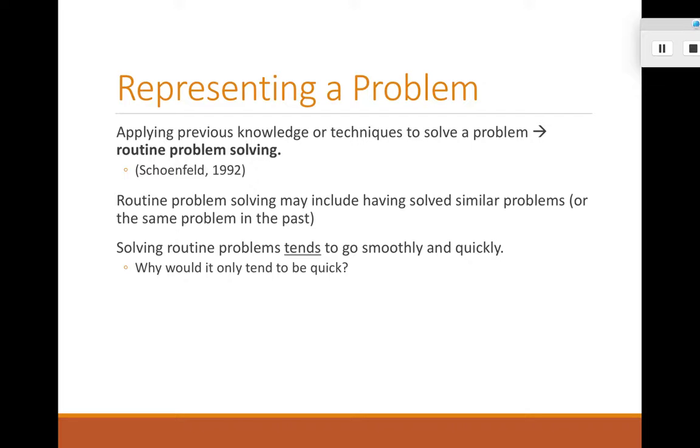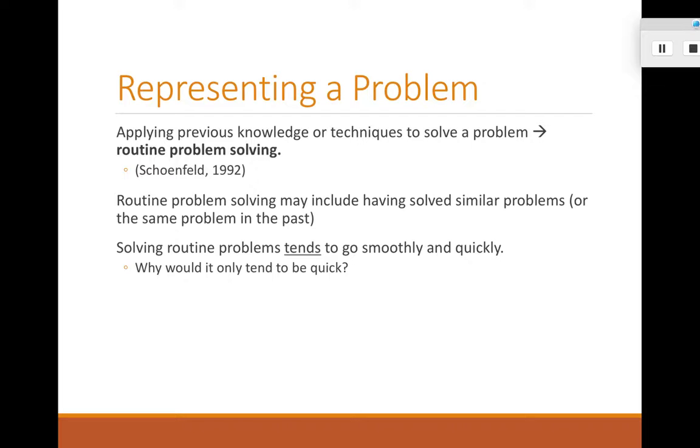But let's say, for instance, you encounter the problem that the internet's not working. You unplug the router, you plug it back in, but it does not work this time. The internet still does not come back on. Now what do you do? Well, now you have to think of a non-routine problem-solving solution so that we can get the internet to come back on, because your routine problem-solving behavior did not allow you to reach your goal, which was to get the internet working again.